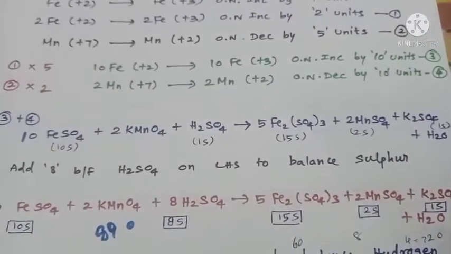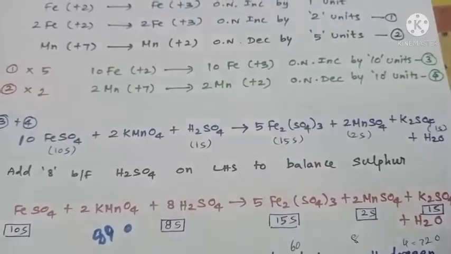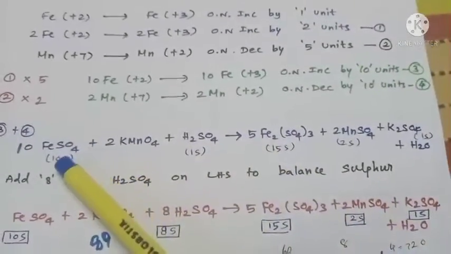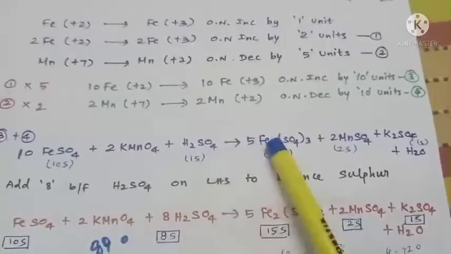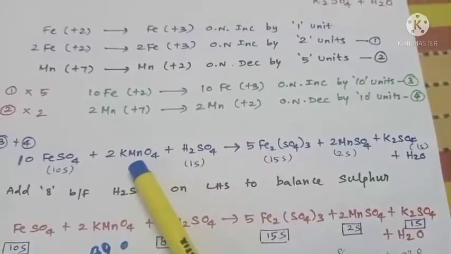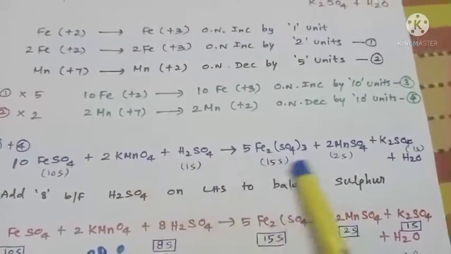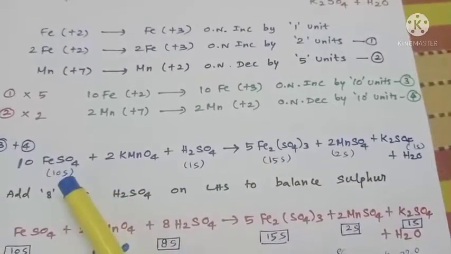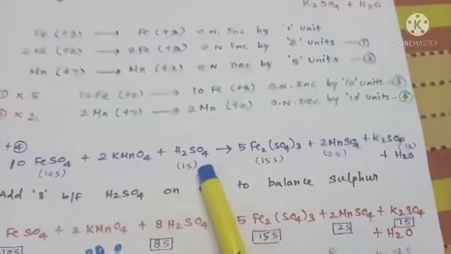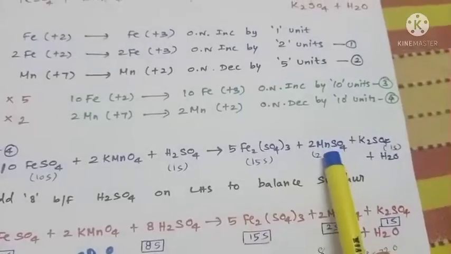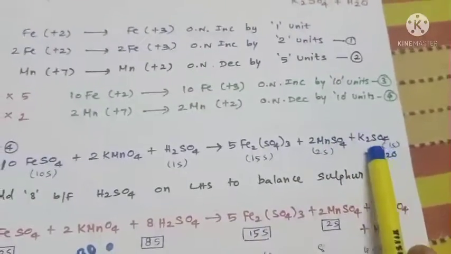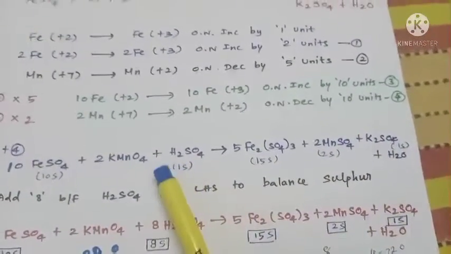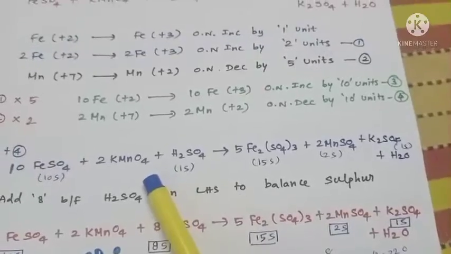Right. Now we have to balance the atoms which are oxidized and reduced. Iron is oxidized, 10 iron on the left side, the right side also the same. Manganese is reduced, 2 on the left side, 2 on the right side, also balanced. Now you can go for sulfur. Sulfur on the left hand side is 10 plus 1, 7, but on the right side 15 plus 2, 17 plus 1, 18 sulfur are there. So on the left hand side you are supposed to add 7 sulfur, isn't it?